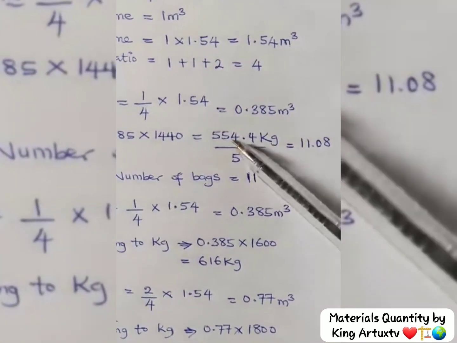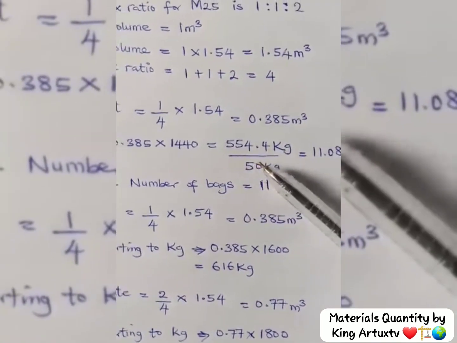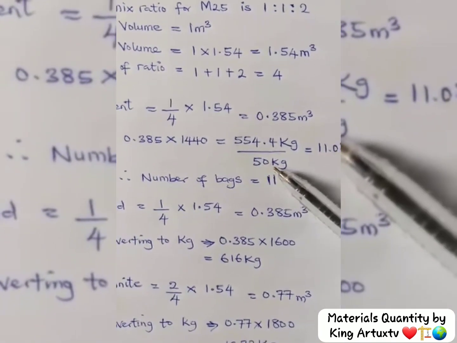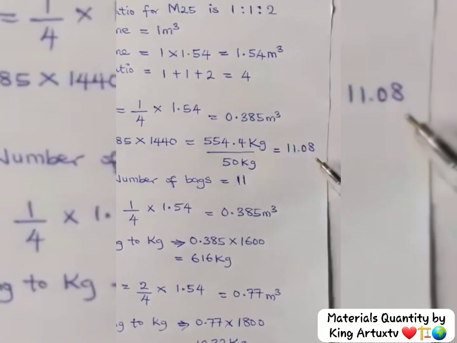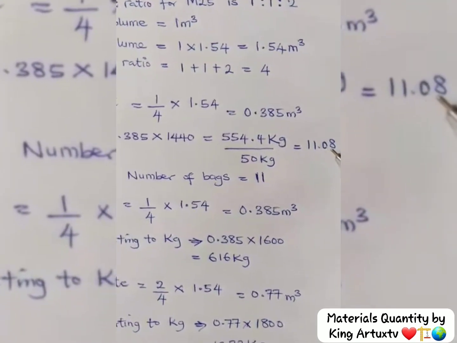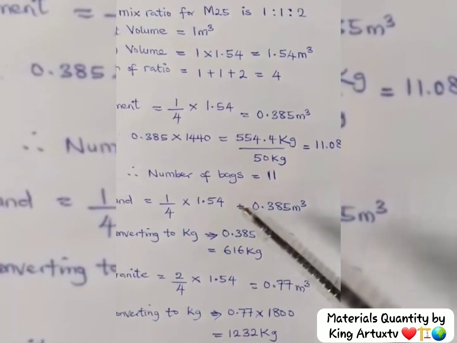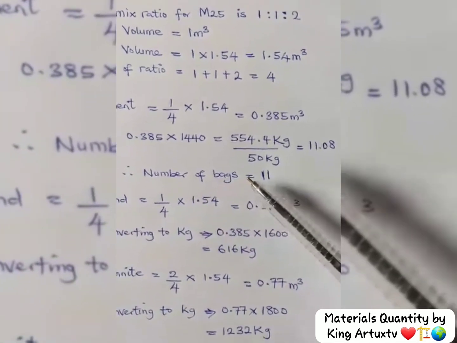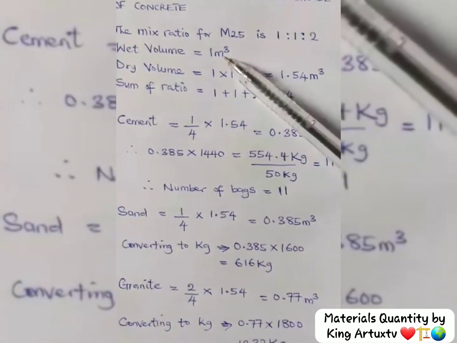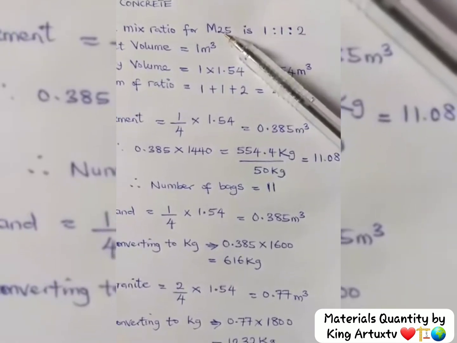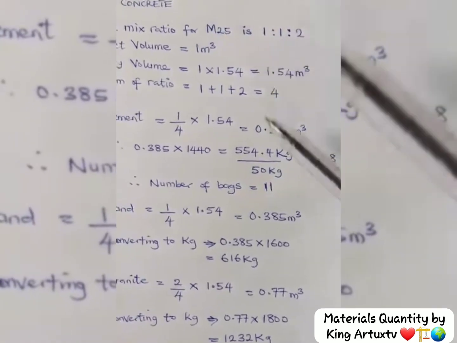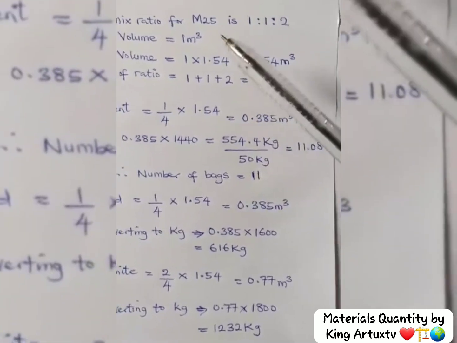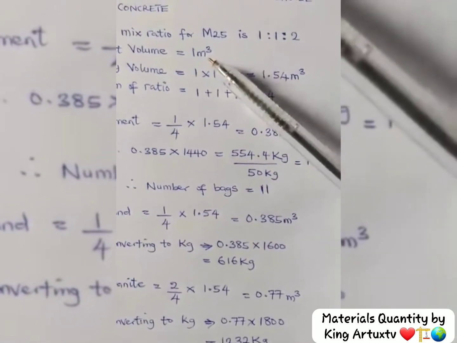From here, you divide it by the weight of one bag of cement, which is 50 kg, and you have 11.08. So approximately, you need 11 bags of cement for 1 cubic meter of grade 25 concrete.